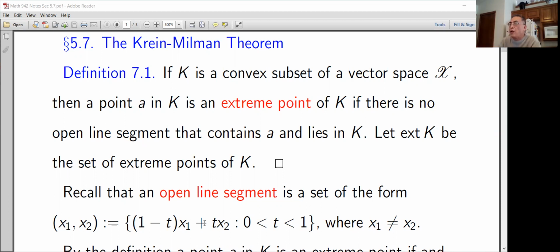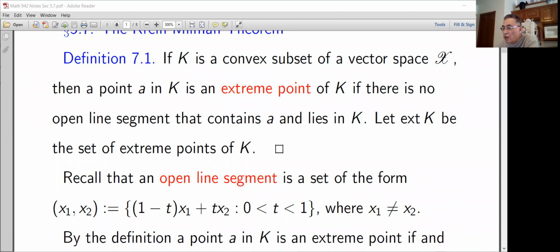The book uses a proper open line segment. By the book, proper means x1 is not equal to x2. But I think it is more convenient to define it this way. So the proper open line segment in the book is the same as our open line segment here.